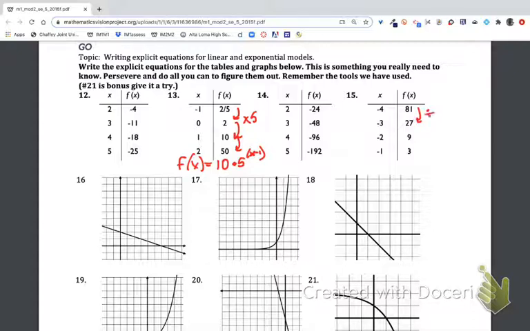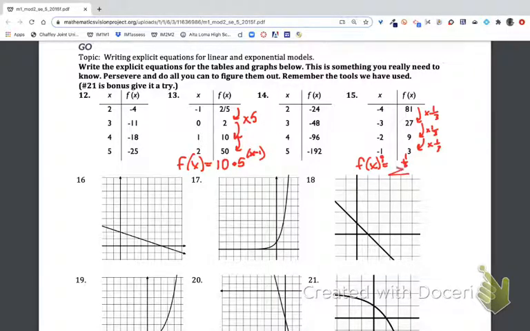For number 15, we are multiplying by 1/3. We're dividing by 3, but we'll keep this as multiplication here. So for this one, we have f of x equals. Note that we don't have our first term yet, so we would continue working through it.